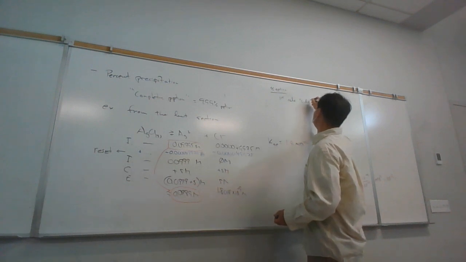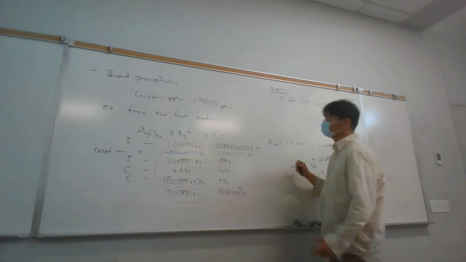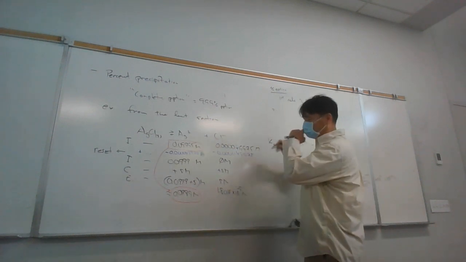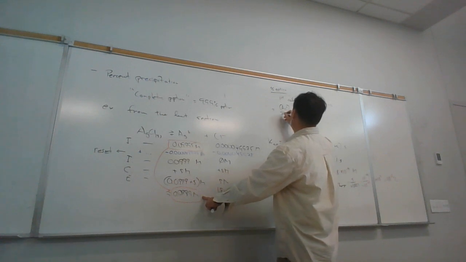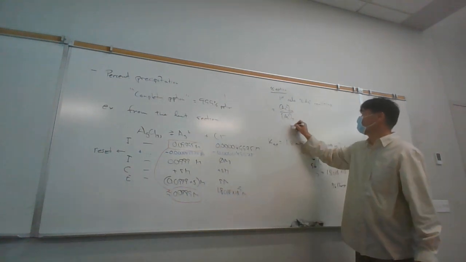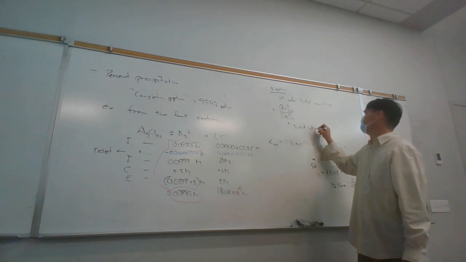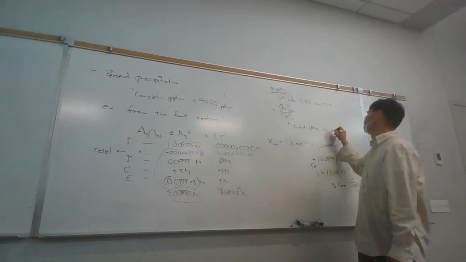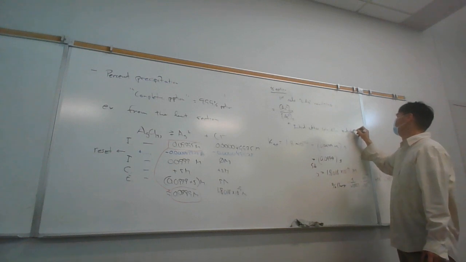Percent silver ion remaining. The percent silver ion that remains is the silver ion concentration at equilibrium over the silver ion concentration initial. This is not the reset initial, this is the initial after solution dilution, but before reset.